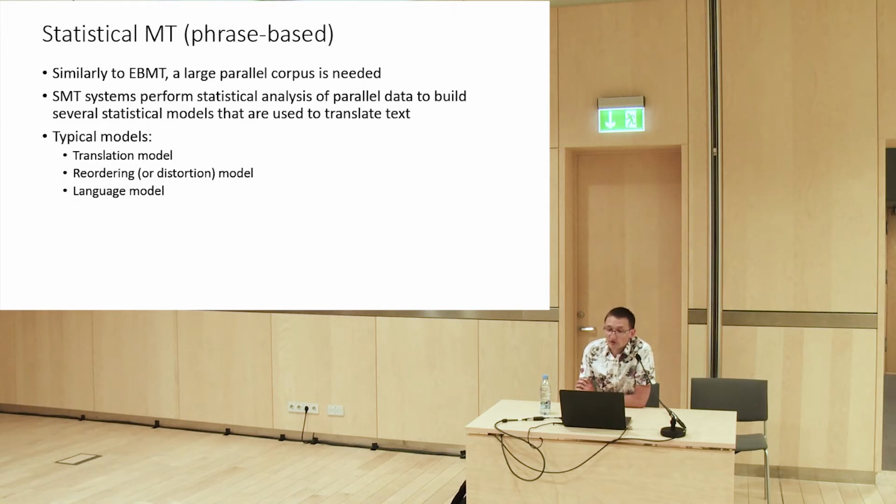Typical models for a phrase-based machine translation system are a translation model, which has to propose translations for phrases, a reordering model that has to be able to tell whether or how to reorder phrases such that we would acquire a correct translation, and the language model that is able to tell us whether a translation that we produce is sound in the target language and also in the domain in which we are translating the sentence.